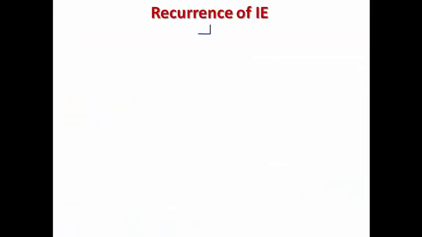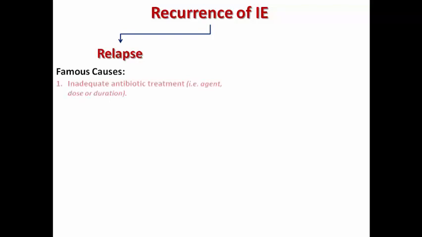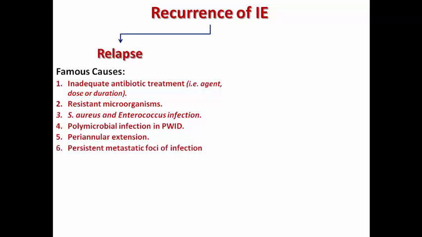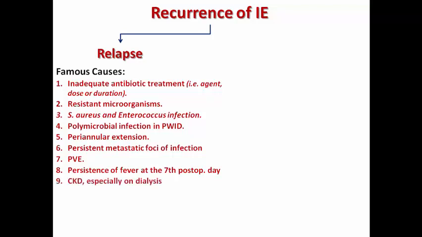So, two types of recurrence: either relapse, which is commonly caused by inadequate antibiotic treatment, resistant microorganisms (Staph aureus or enterococci are very common to relapse), polymicrobial infection in people who inject drugs, periannular extension (this patient had persistent unresolving infection and mostly would need surgery), persistent metastatic foci of infection like extracardiac abscess, prosthetic valve endocarditis (more common to relapse than the native valve), persistence of fever at the 7th day post-operative, presence of chronic kidney disease, especially patients on regular dialysis, and poor oral hygiene.